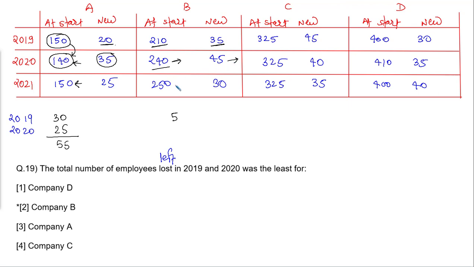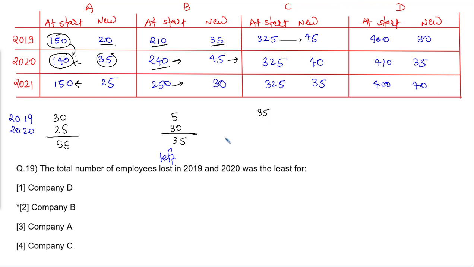But now only 250 are left. 285 minus 250, 30 are left. Total 35 are left. For company C, 325 plus 45, that is 370 are there. 325 are left. 325 are remaining. Means 370 minus 325 means 35 are left.